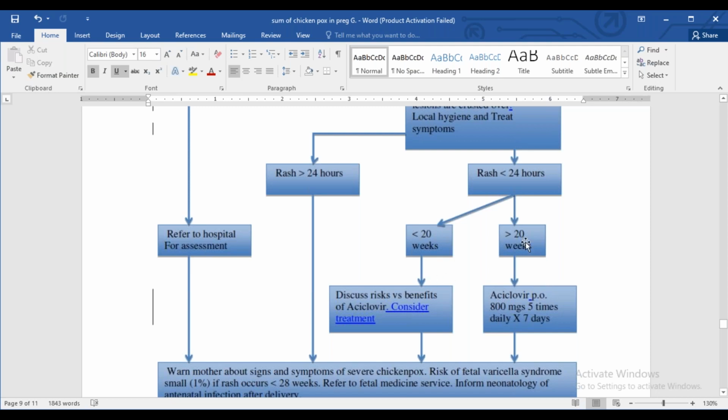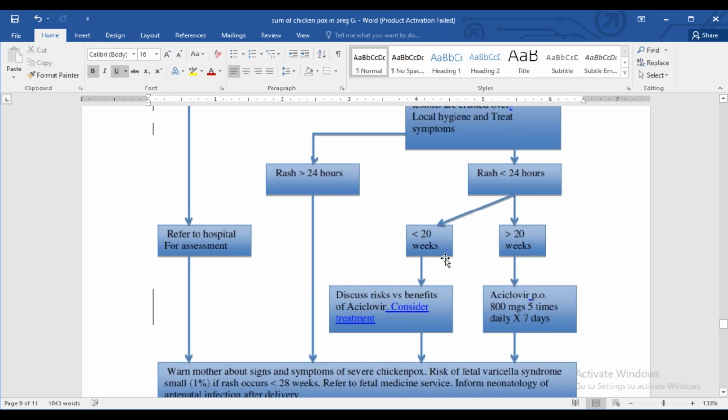So you are going to give your patient acyclovir, and it will attenuate the severity of the disease. We have to give it if the patient presented with a rash less than 24 hours old and she's pregnant more than 20 weeks. So what if the patient has a rash less than 1 day old and she's less than 20 weeks?